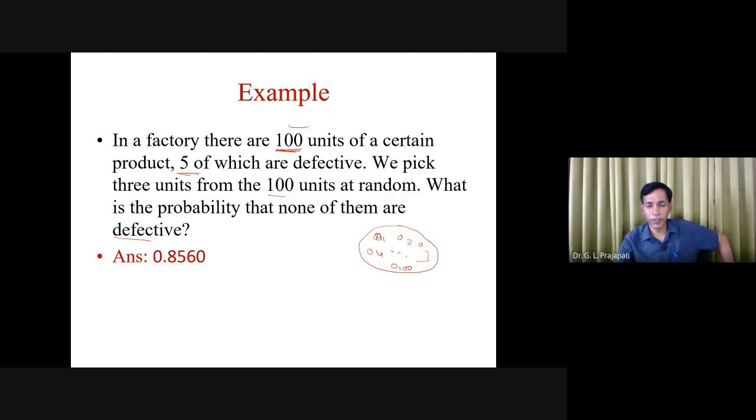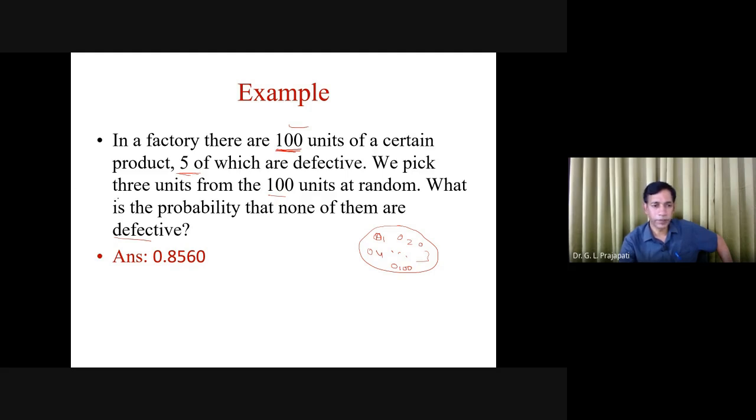So out of 100, 5 are defective. The units which are not defective are 95. So what is the probability that none of them are defective?